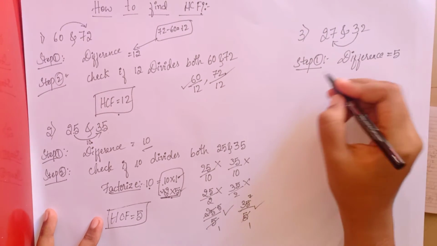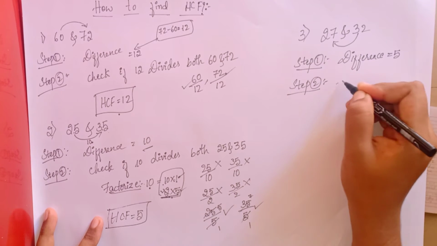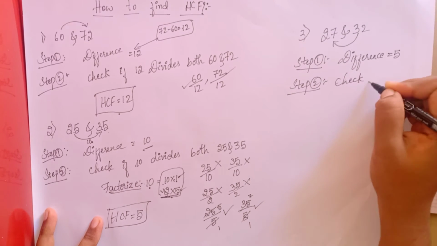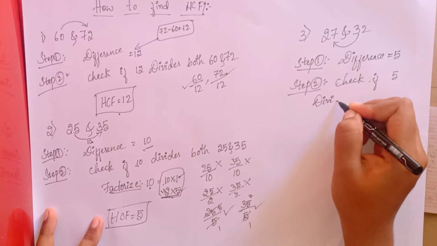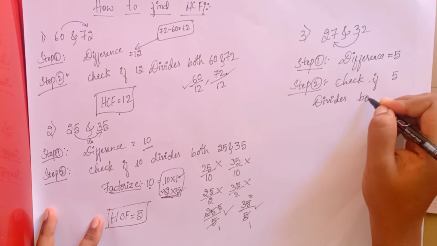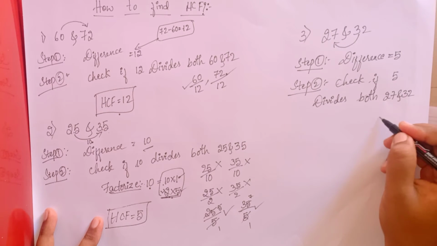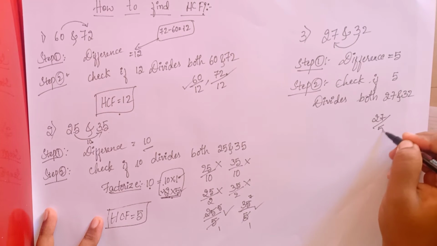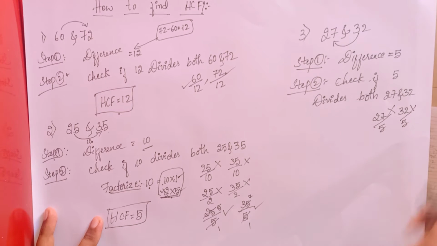Step 2, check if 5 divides both 27 and 32. 27 divided by 5 is not possible, and 32 divided by 5 is also not possible.